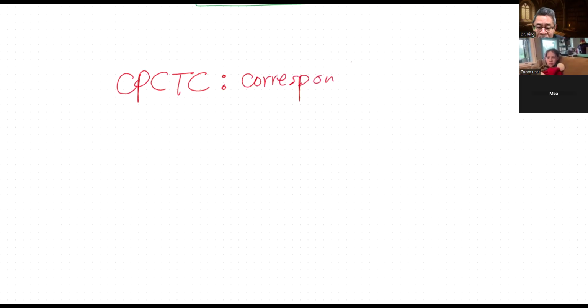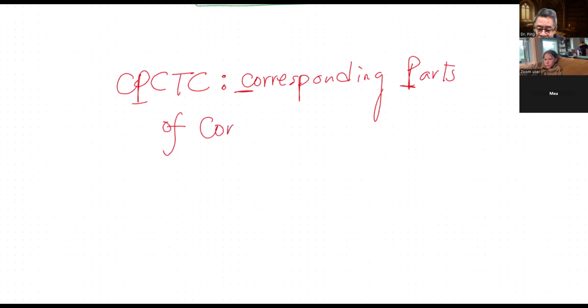Now, what that means is corresponding, for C, corresponding parts. So the P is parts. So we've got C here, P here, of course, we don't have to write O, of congruent triangles, congruent triangles are congruent.